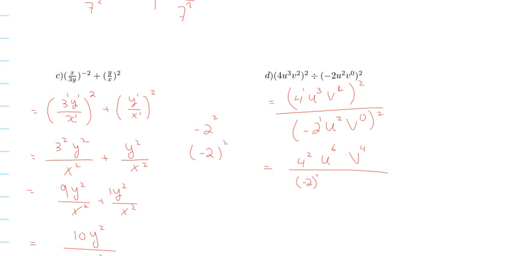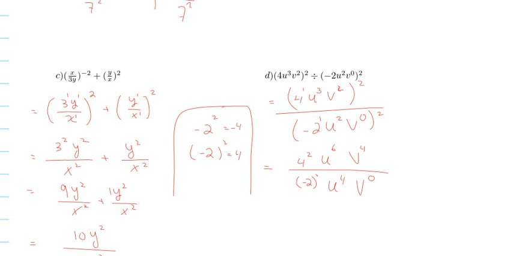The second one, the whole negative 2 is squared, so your answer is going to be positive 4. Make sure, because it's in the bracket, the whole thing is squared, even when you're entering them in the calculator. Be careful. This is going to be u to the power of 4 and v to the power of 0.